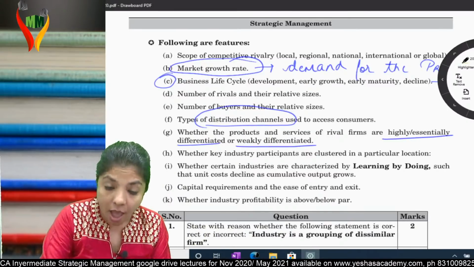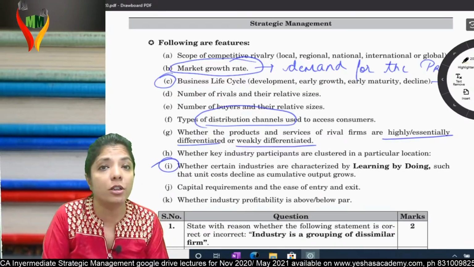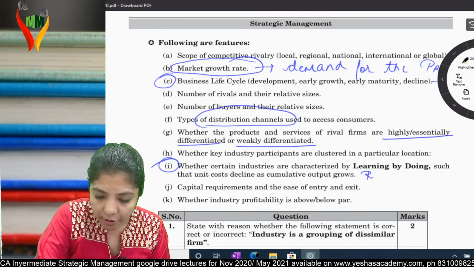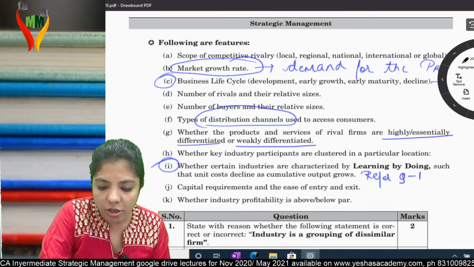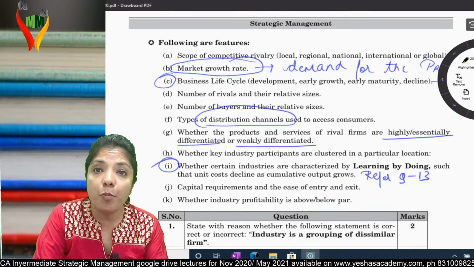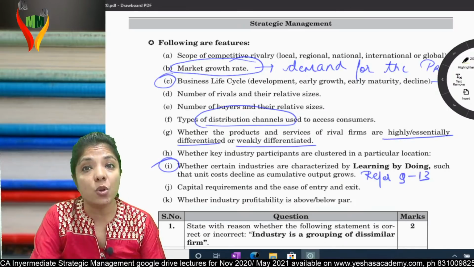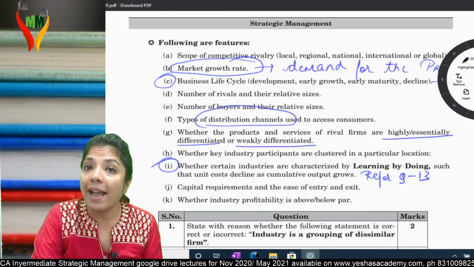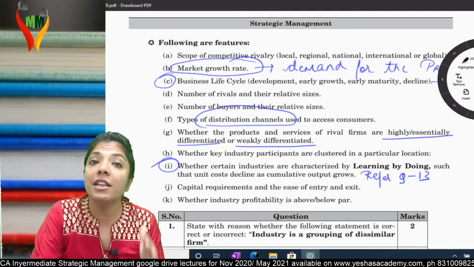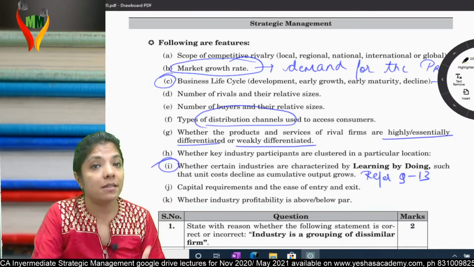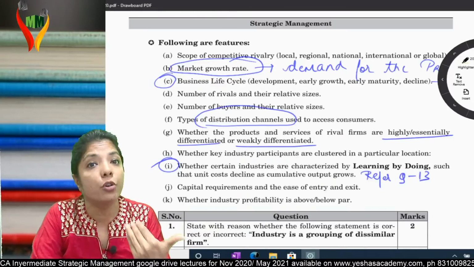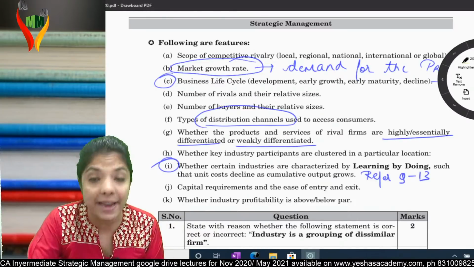Next point. Mark this point as important. Refer to question number 13. Whether certain industries are characterized by learning by doing, such that unit cost declines as cumulative output grows. Let's understand this. Learning by doing.